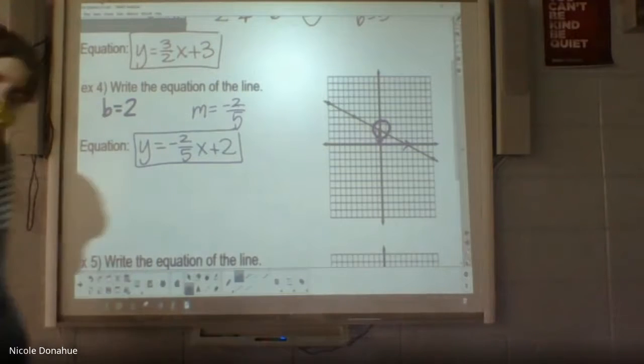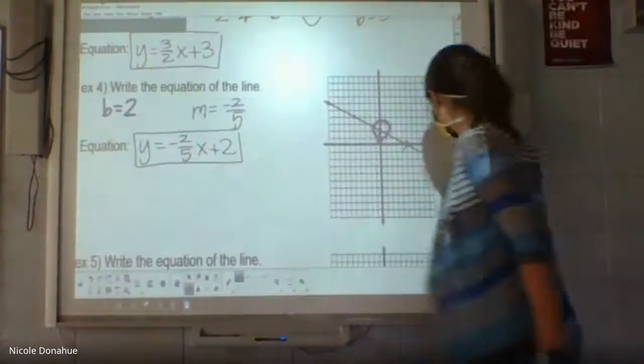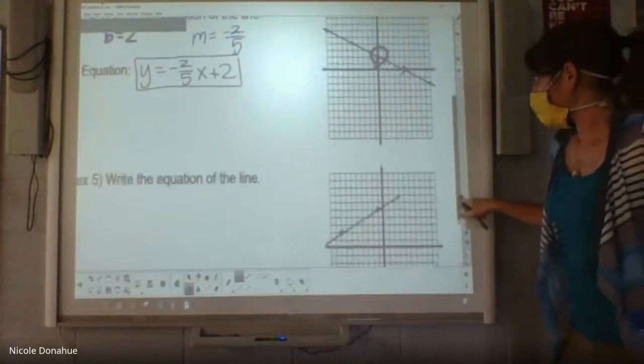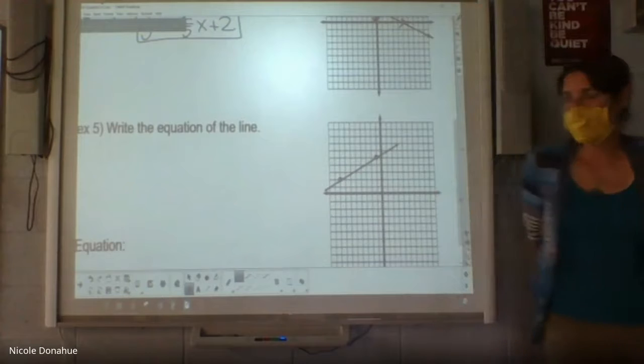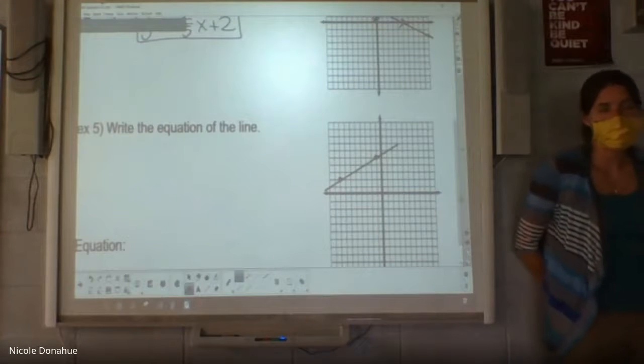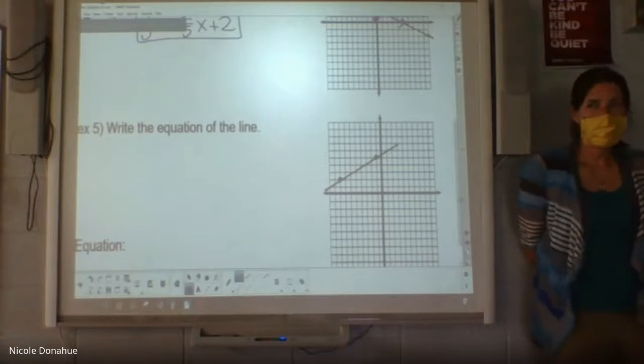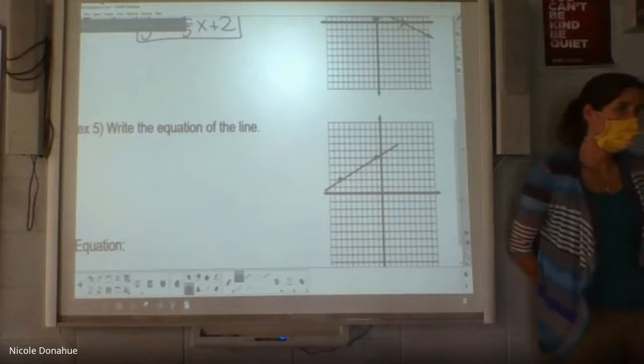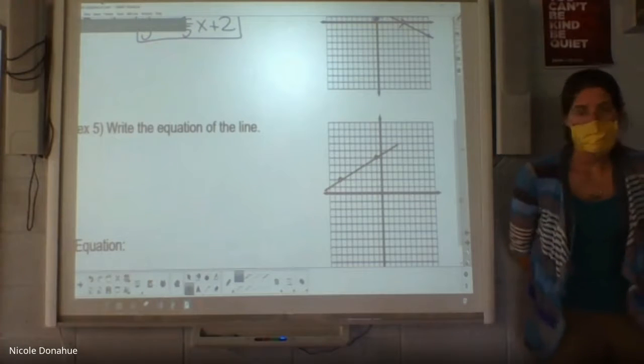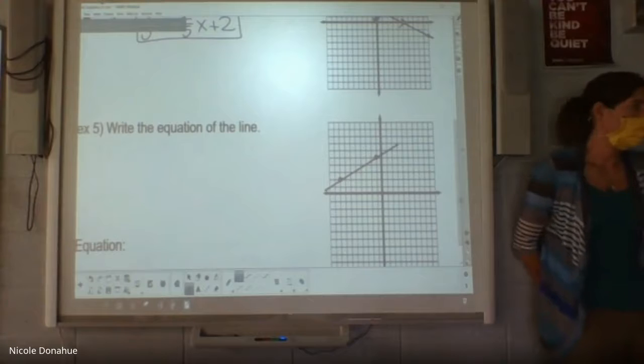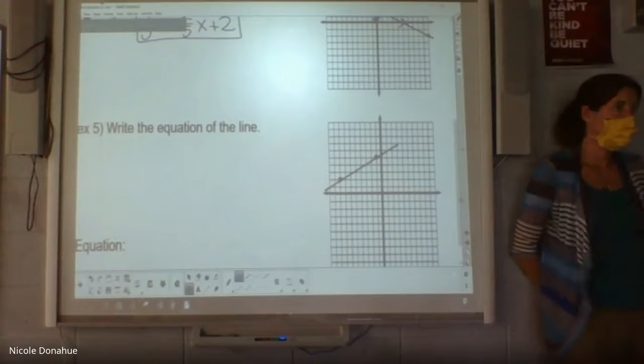So if you look this time, I can't exactly tell what b is. It looks like 5 point something, but not an exact value. We want to figure out as close as we can to an exact value. So any thoughts on what to do?